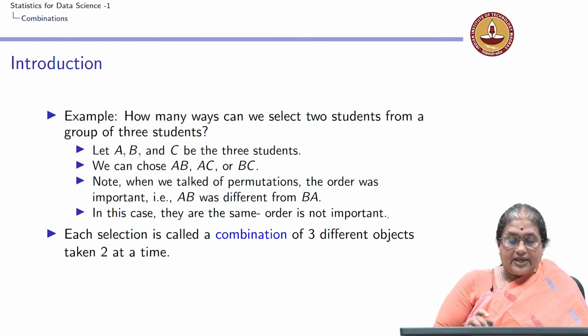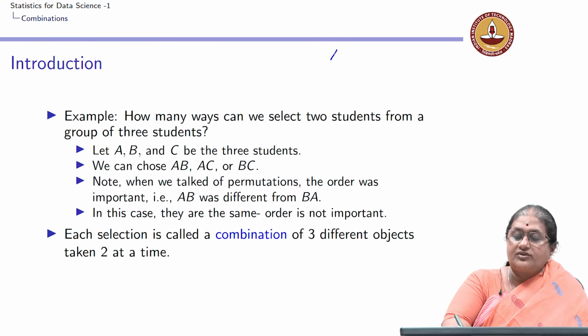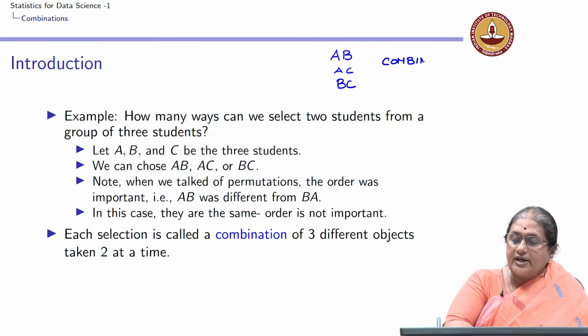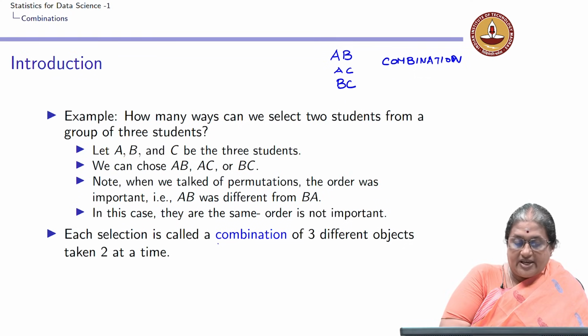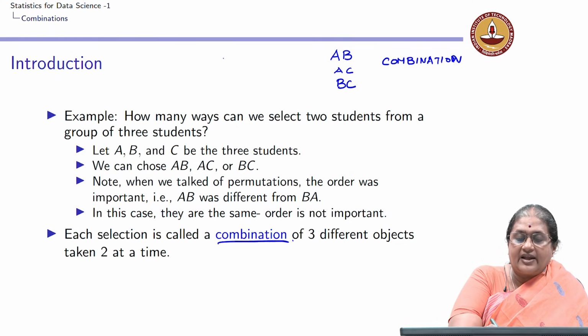Now, I have 3 selections: AB, AC and BC. Each selection is called a combination. In general, here I had 3 objects and I selected 2 from them. So, from 3 I am selecting 2.